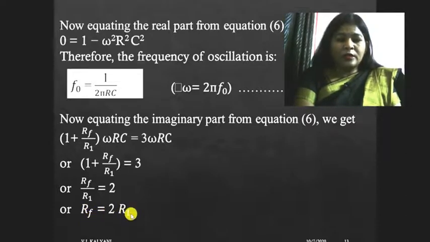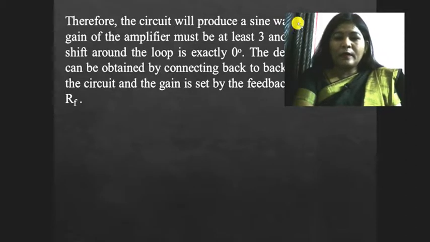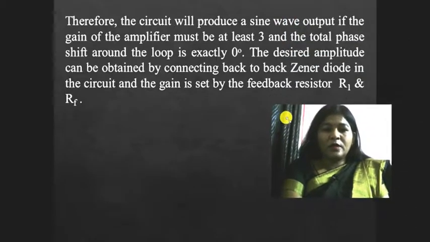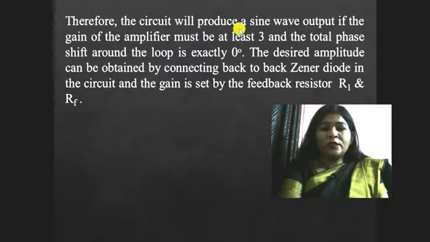According to this expression, the feedback resistance will always be equal to twice R1. So when we design the Wien bridge oscillator, RF will always be equal to twice R1. Therefore the circuit will produce a sine wave output.